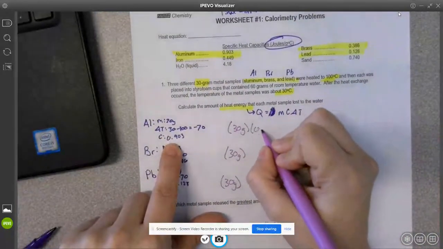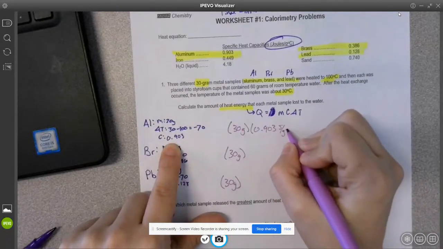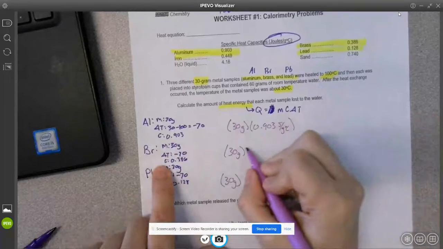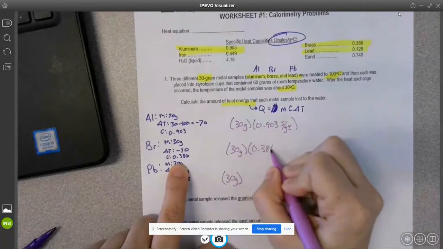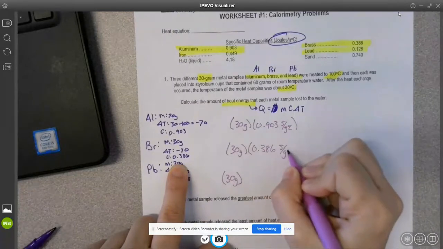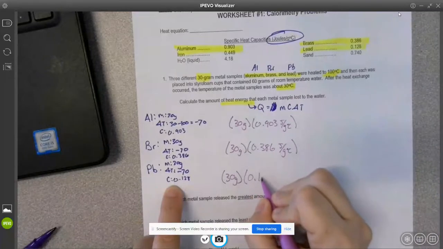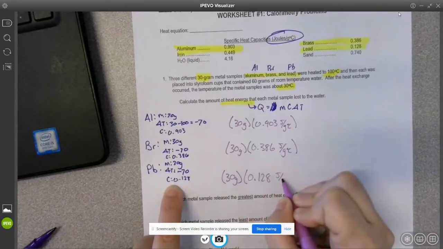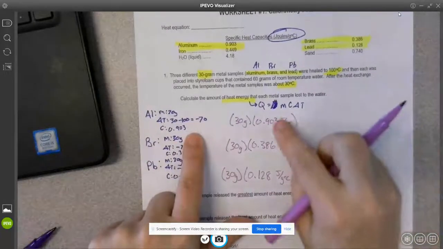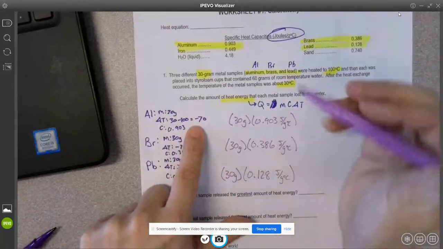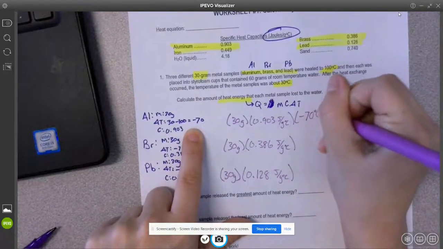So for aluminum, 0.903. And brass is 0.386. And lead was 0.128. Last but not least is our change in temperature. 30 minus 100, that means we have a negative 70.